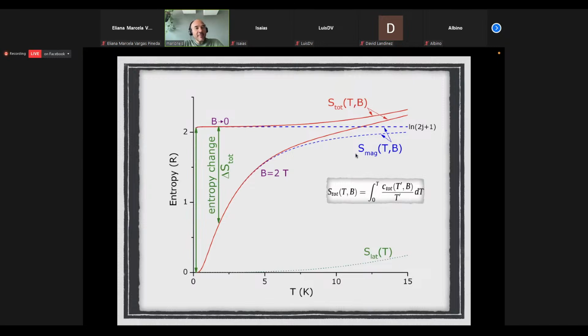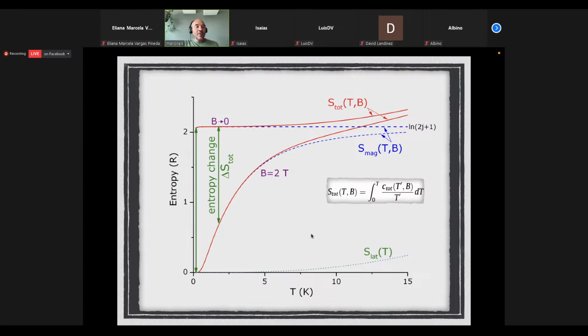Okay? However, the total entropy change is the total entropy with field minus the total entropy without field. However, the lattice contribution does not depend on the magnetic field. And then when you make this difference, the lattice contribution is canceled.